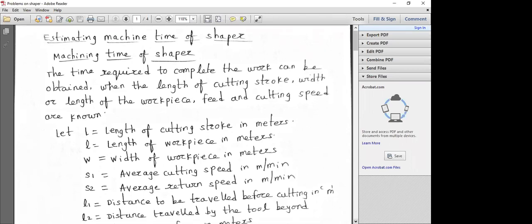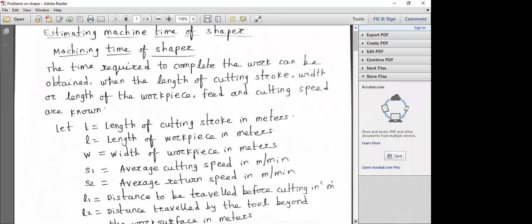In the earlier diagram, when we discussed the shaper, L1 is the distance to be traveled before cutting. We place the tool at a small distance from the job. So that is L1. What is L2? After machining, the tool travels some distance.